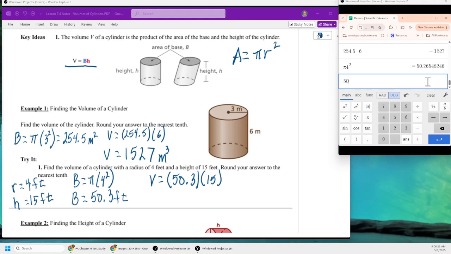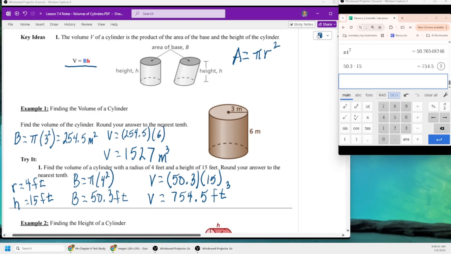All right, so 50.3 times 15, and we got the volume is 754.5 feet cubed. Okay, it's pretty straightforward, right? Do you have any questions about that?